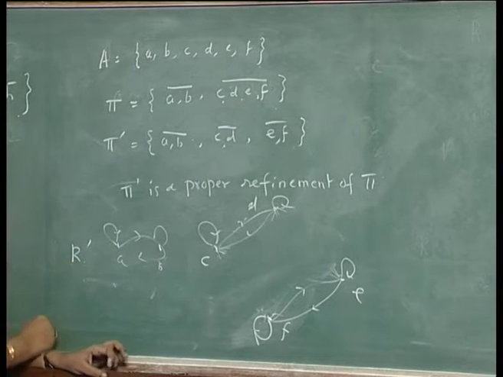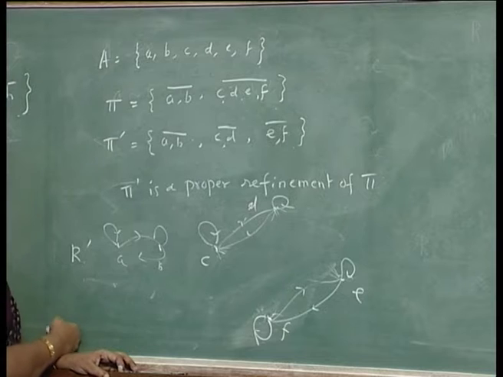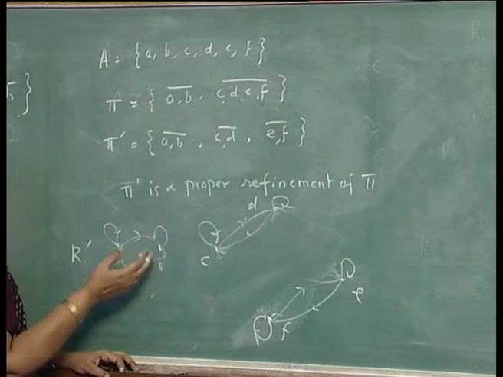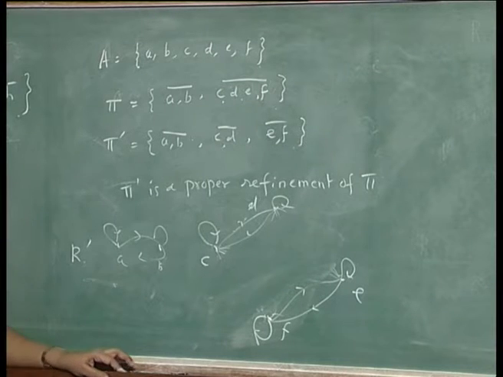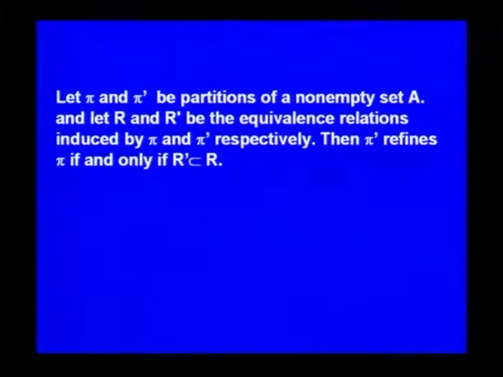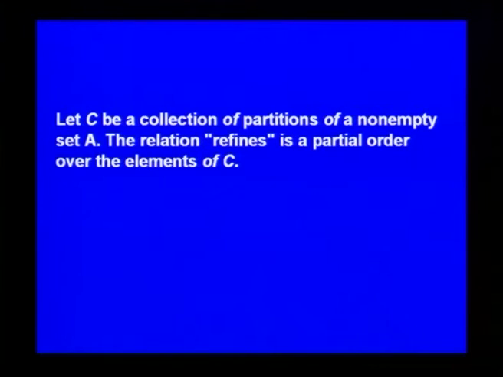Pi dash induces R dash, which will have these elements. Obviously, whatever is present in R dash is present in R also. So, R dash will be contained in R. So, you can very easily see that pi dash refines pi if and only if R dash is contained in R.